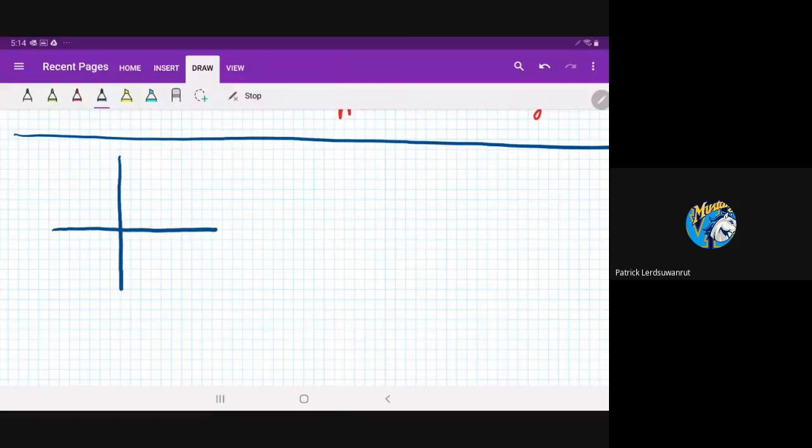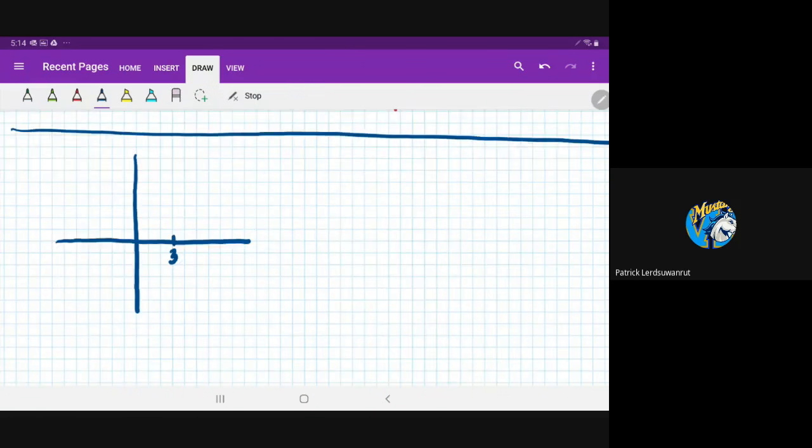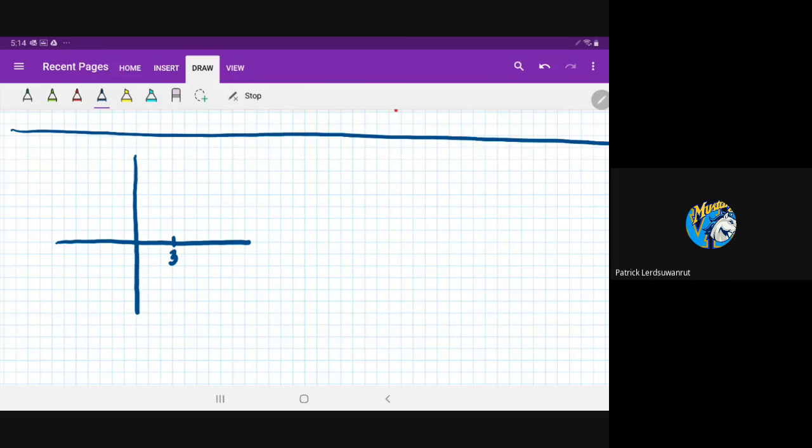Okay, so over here at 3. Okay, so over at 3 squares, put an open dot at the y value of 2. Okay, I'm going to have you put another point at 6.